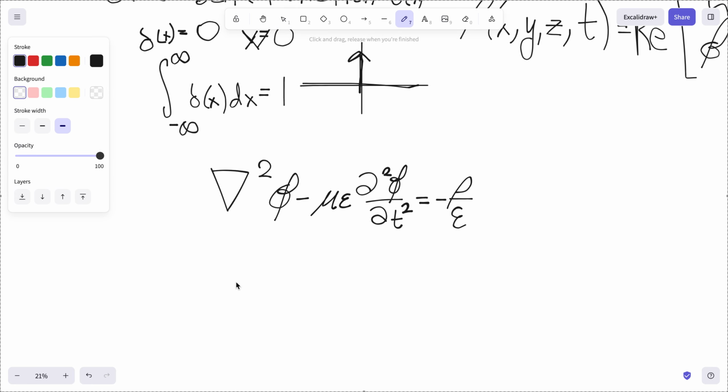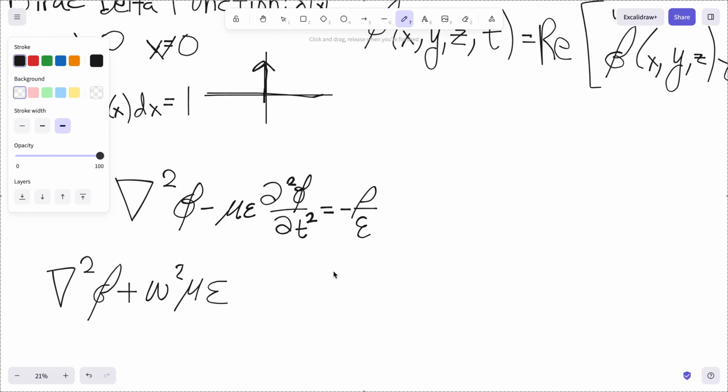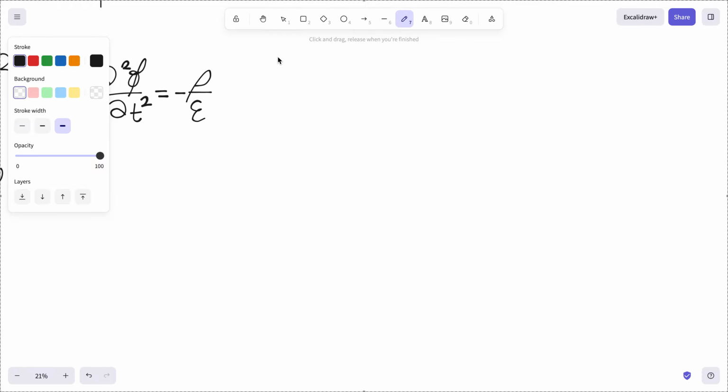We can rewrite this equation now as the Laplacian of phi plus omega squared mu epsilon phi. This is because if you take the second derivative of this phasor, you'll see that it's just j omega times j omega, which is negative omega squared.